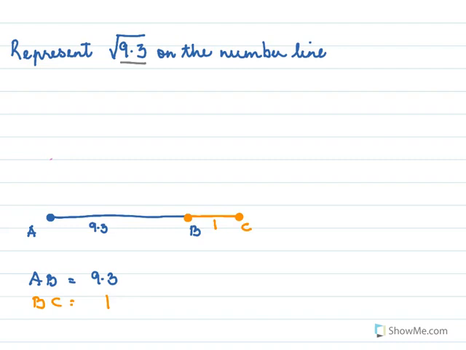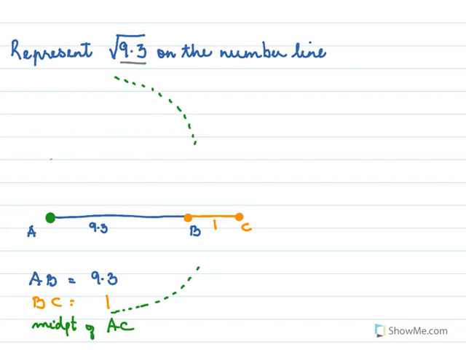The next step is to find the midpoint of AC. To do that, you will keep your compass at A and draw one arc up and one arc down.